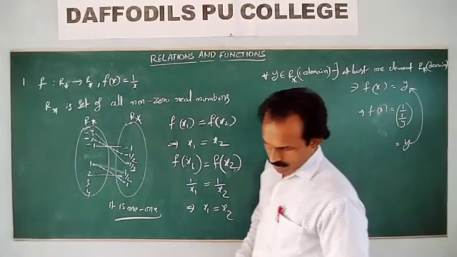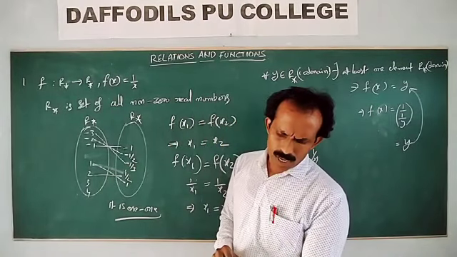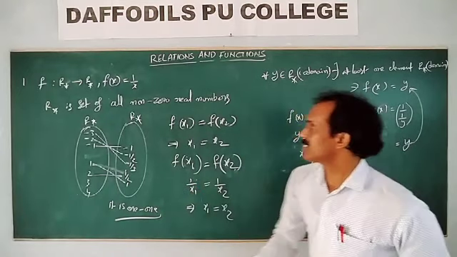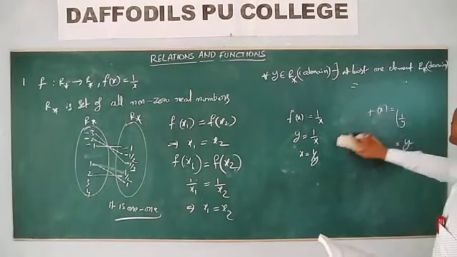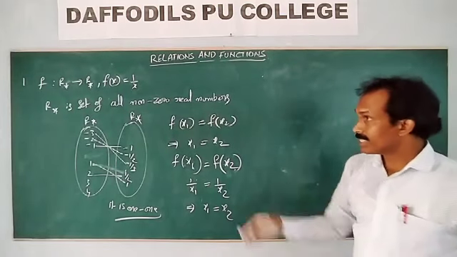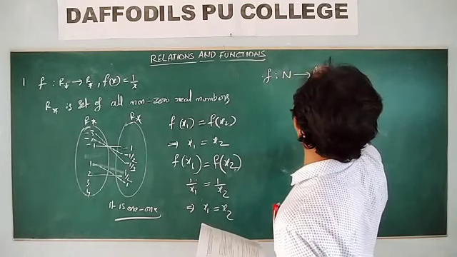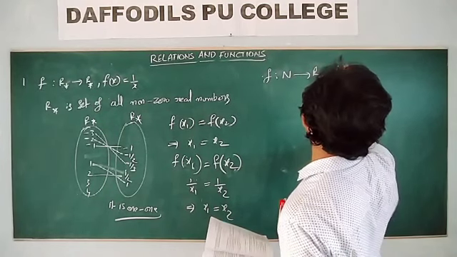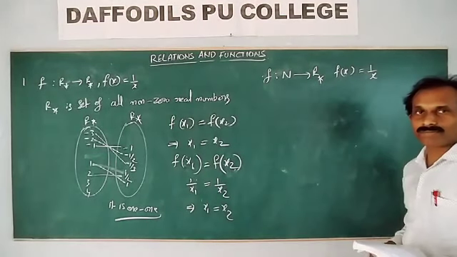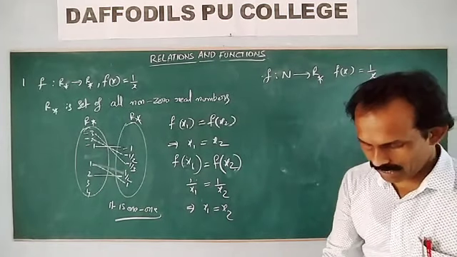Still, is there a problem if the domain R star is replaced by N? Suppose replaced by N, same problem with domain replaced by N, function f of x is equal to 1 by x.